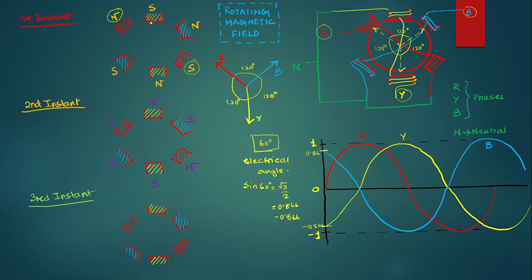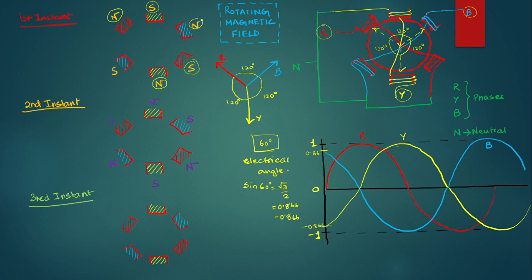The negative half cycle means it will produce a south pole over here, and obviously to form a solenoid we have to consider the opposite direction as north pole. Now in the third case, this is the north pole. That means B is starting from the positive half cycle over here. So this is the north pole, which is similar to that of the red one, although the phases are different.